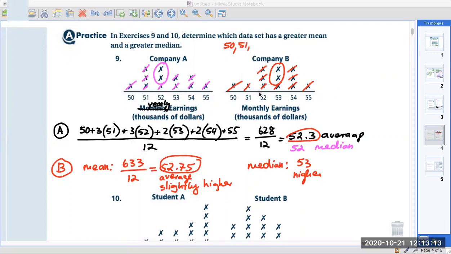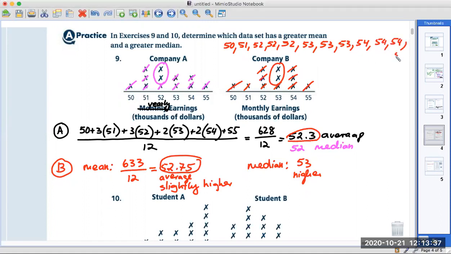There's going to be 14 of them. 52, 52, 52, 53, 3 times, and then 54, 3 times, and then 55. Oh, I'm running out of room.